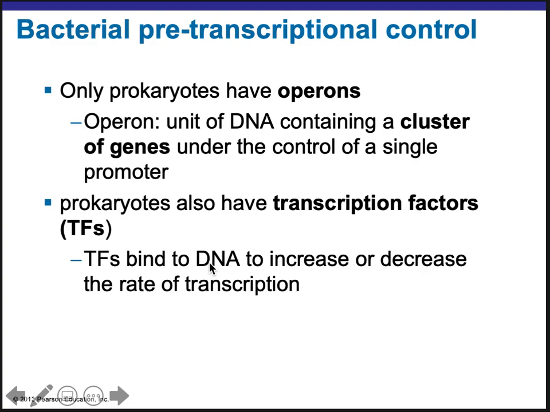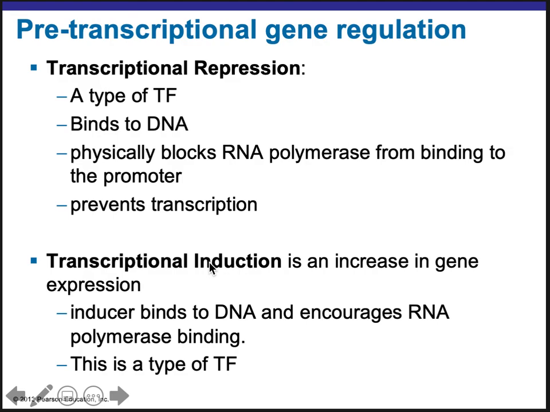Okay, so you can have what we call induction or repression. Repression is going to be a transcription factor that binds to DNA and physically blocks RNA polymerase from binding to the promoter, prevents transcription. And then you'll have induction, where you have an inducer that binds to the DNA and encourages RNA polymerase binding, helps it out. And so those are the two types of transcription factors, right?